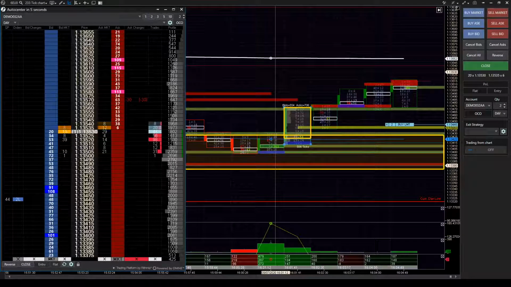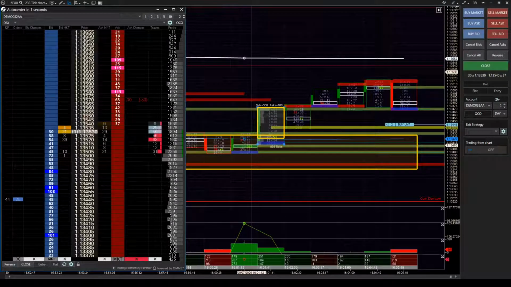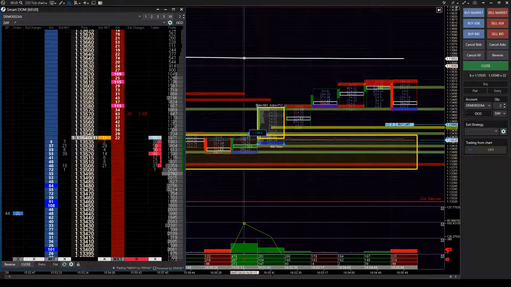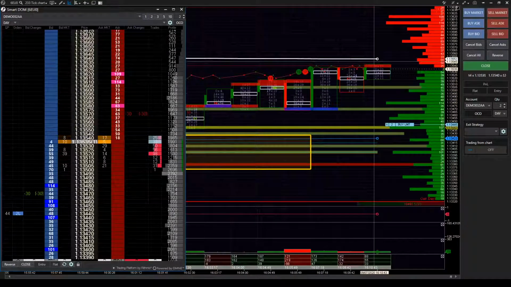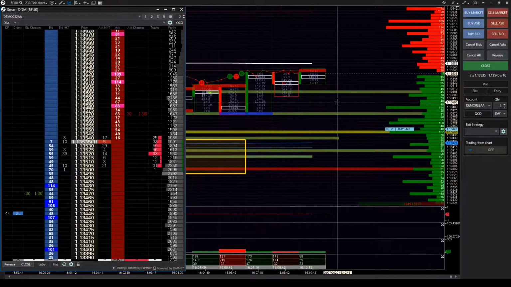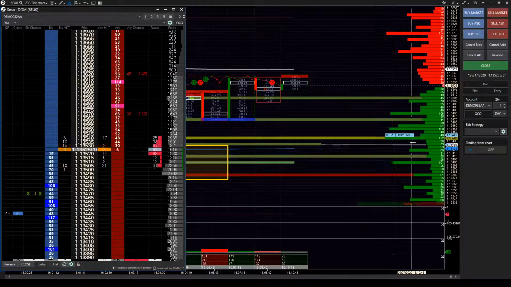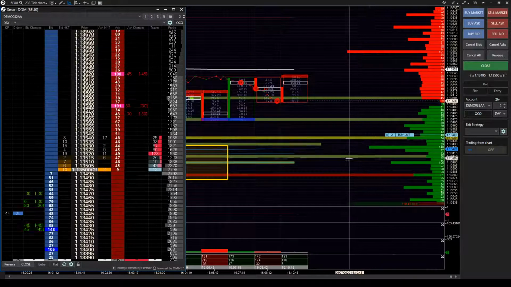So we saw here the buyers being very, very aggressive with 363 contracts in one trade, pushing the price up. You can see how much higher it's going now. And if they let the price slide a little bit down into our entry, we will get filled, and we will just wait to see.